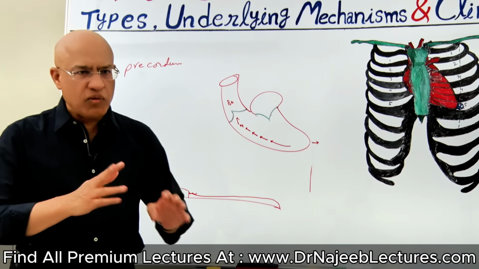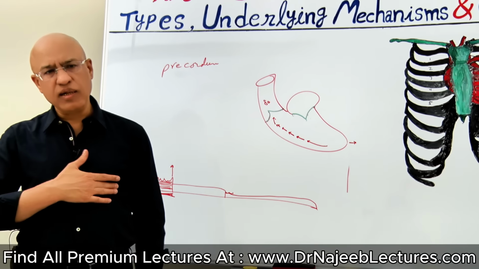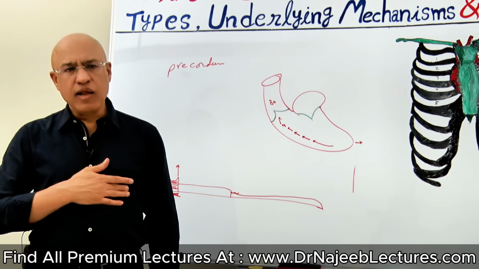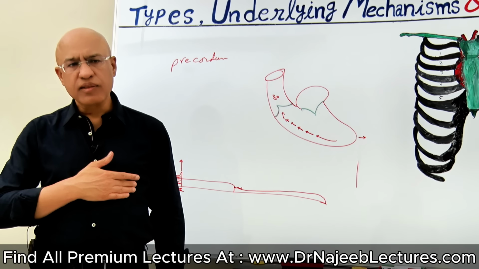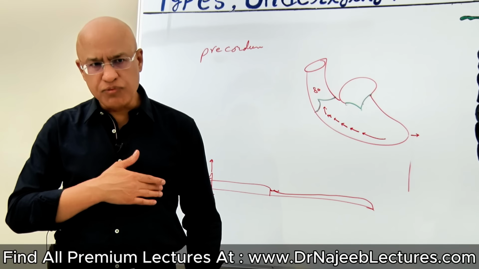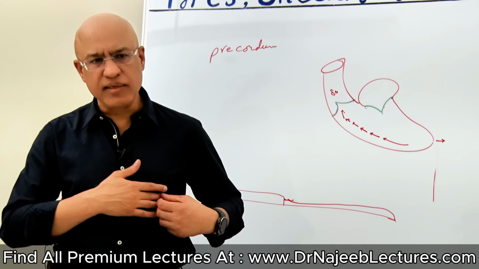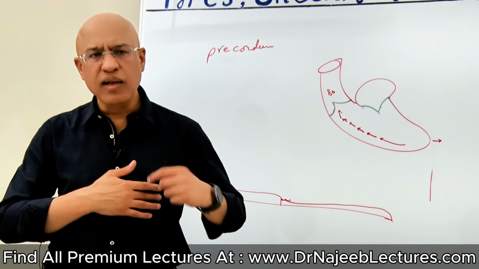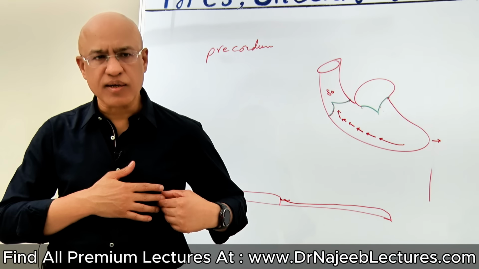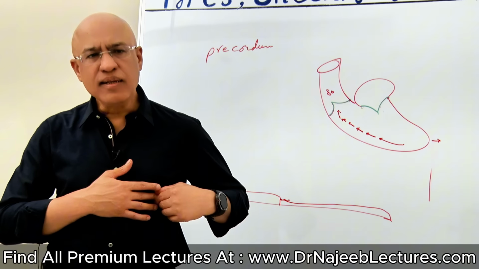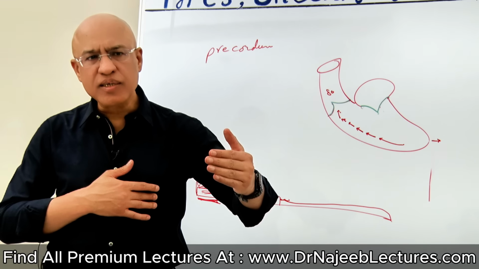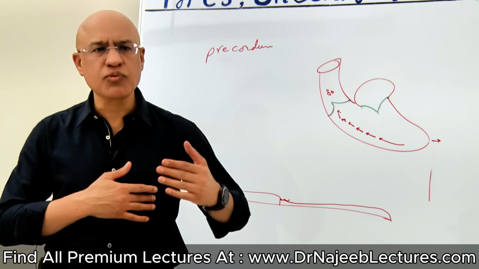So what you really feel with the left ventricle, the character of the impulse, is that when you are feeling in the fifth intercostal space in the mid-clavicular line, usually you feel a gentle lift of your palpating finger, right? And then the heart beat retracts back, and it is for a very short time.